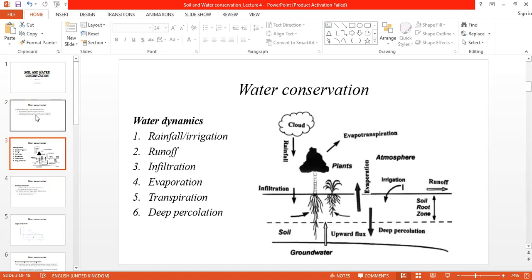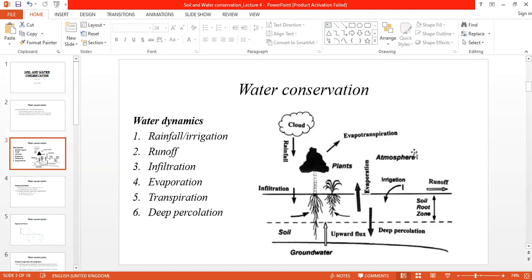So before we go further, we need to understand the dynamics of water in the environment. So as we know, water usually comes to the surface of the earth by rainfall or by irrigation. So in this case, you can have rainfall, which is depicted here, as well as irrigation.